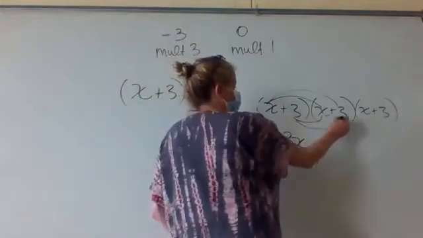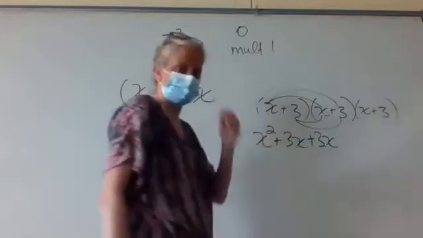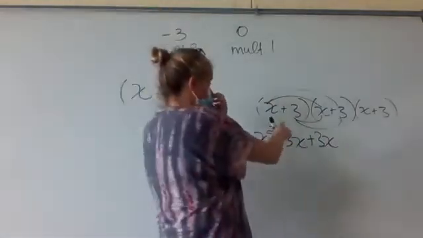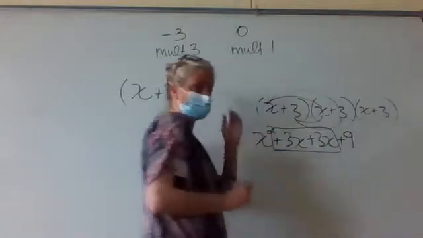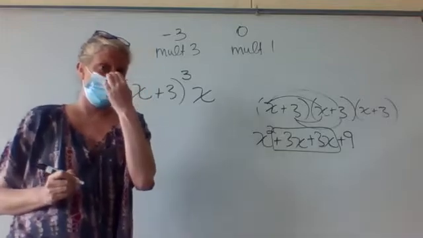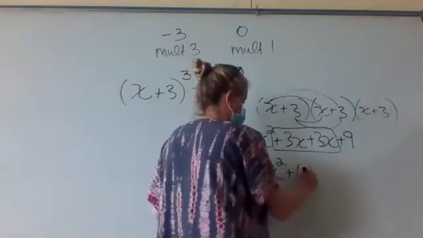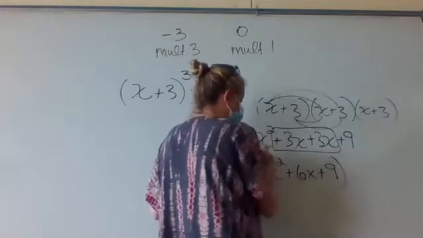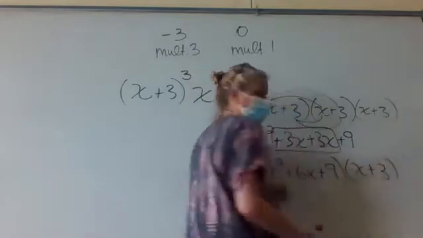And my inner, positive 3 times x is another positive 3x. Positive 3 times positive 3 is positive 9. I can combine those x's in the middle. I really have 6 x's all together there. So I've got x squared plus 6x plus 9. I still have this x plus 3 I've got to multiply.